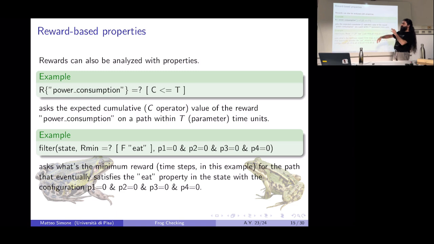It has filter states. We don't really need those. Lucky us, it is asking what's the minimum reward in time steps for the path that eventually satisfies the label it in all the filter states that verify this property here. So we can compose some nasty properties and verify them thanks to Prism.